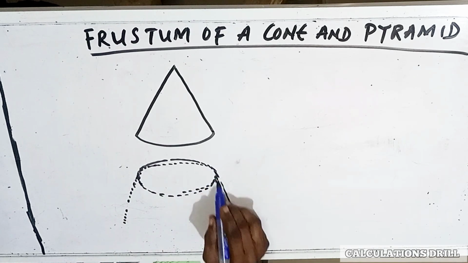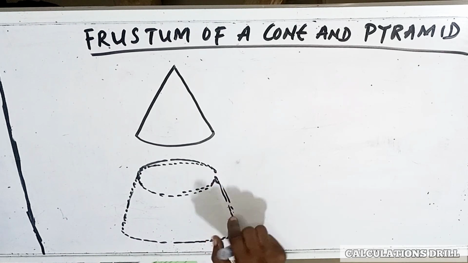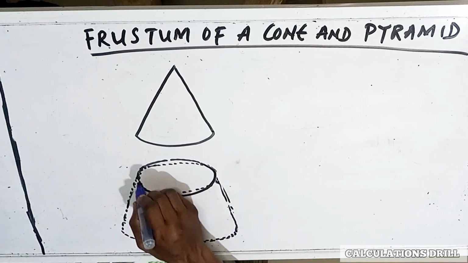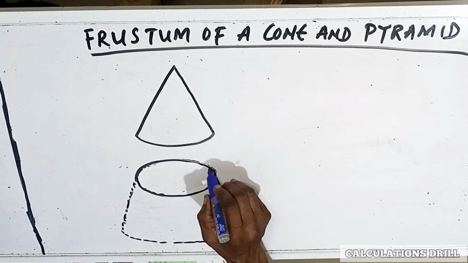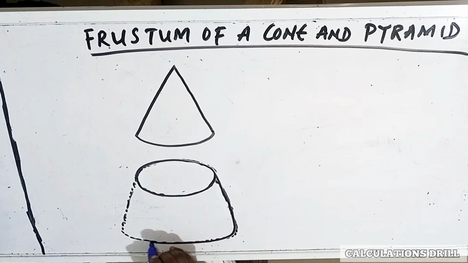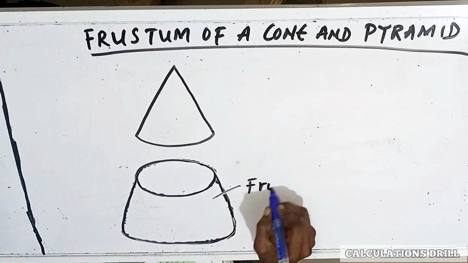When you cut a cone, this is what you're going to get. So that is the frustum. The bottom one is what we refer to as the frustum. That is the frustum.